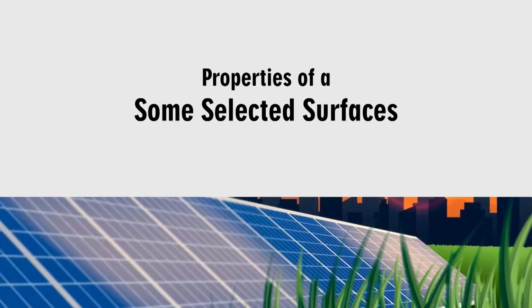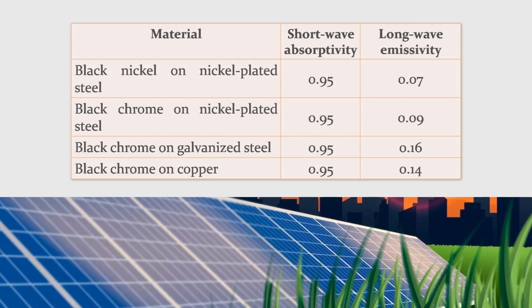Now we will understand the properties of some selected surfaces. So here you can see the table. This table is defined in 3 columns. In the first column the type of material is denoted, in the second column short wave absorptivity is shown, and in the third column long wave emissivity is shown.